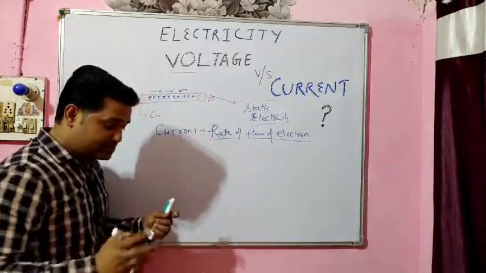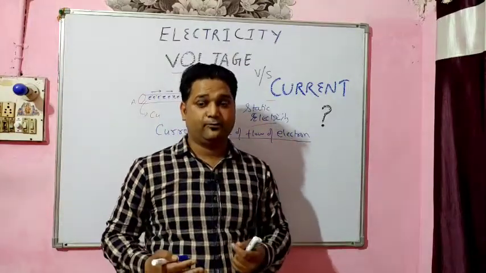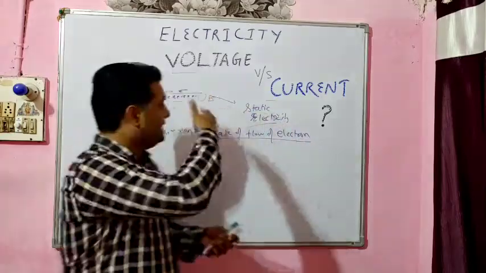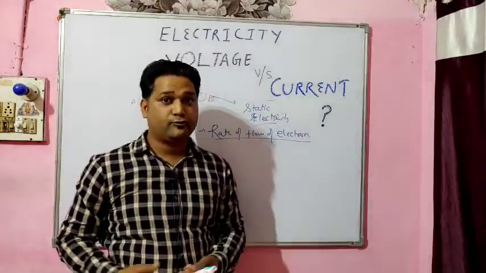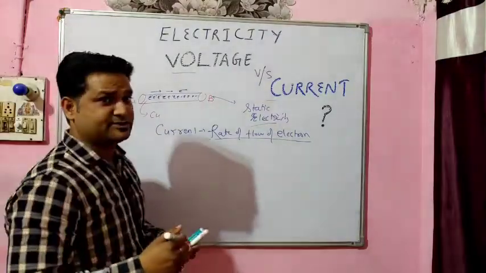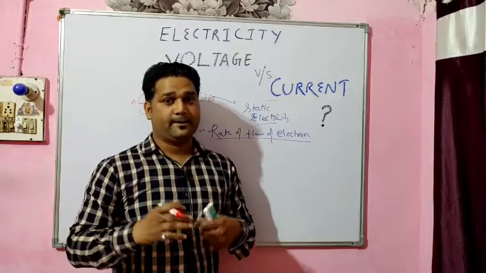Now the question comes to mind: how are they moving, what kind of force is driving them to move from point A to point B? That force is the electromotive force, which is provided by a battery.